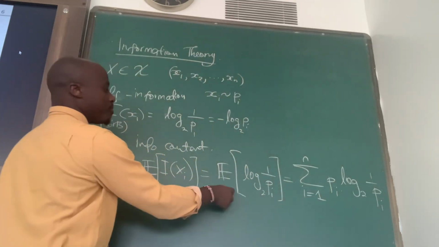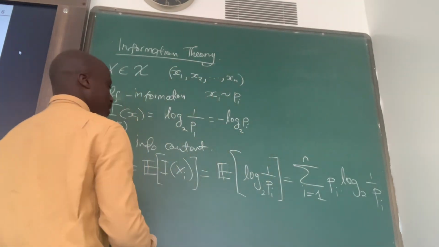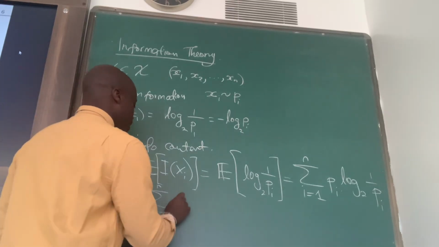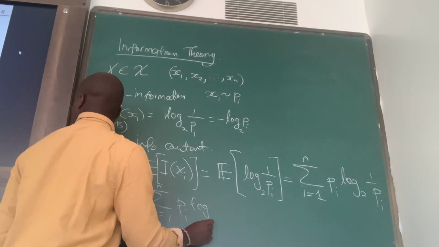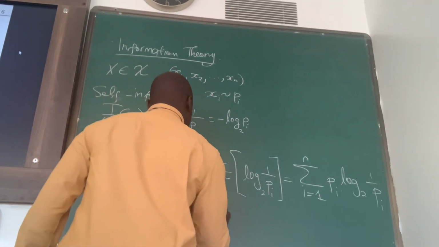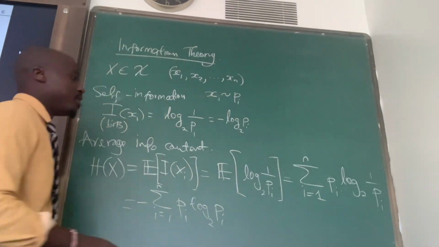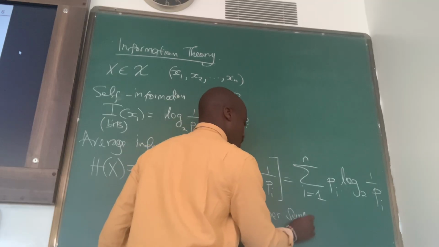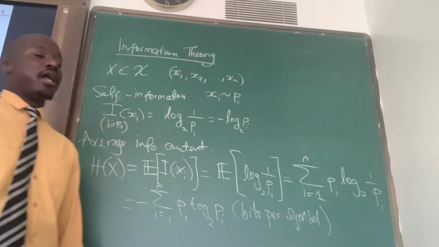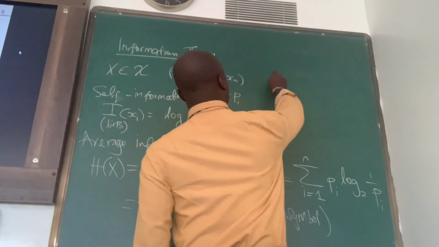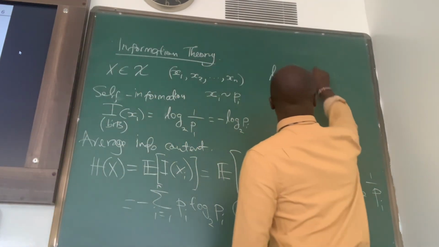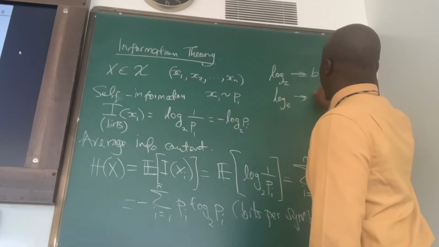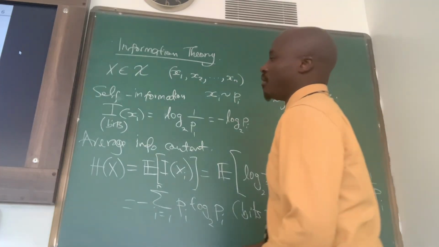Sometimes we write entropy as an expectation, or sometimes you can write it as negative sum from i equals 1 to n of pi log to base 2 of pi. That would be the entropy, and the unit is bits per symbol if the logarithm is to base 2. If the log is to base e, your unit is going to be nats.